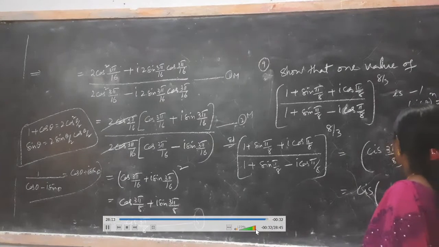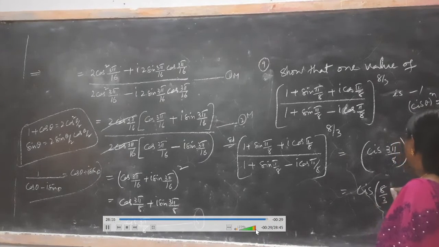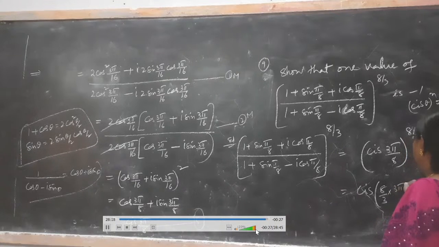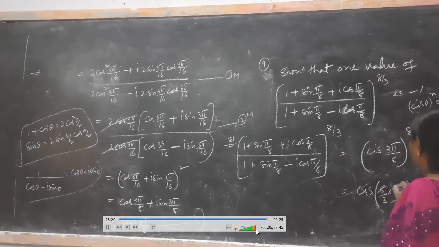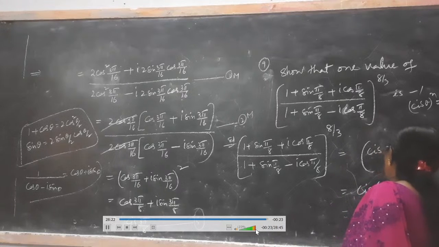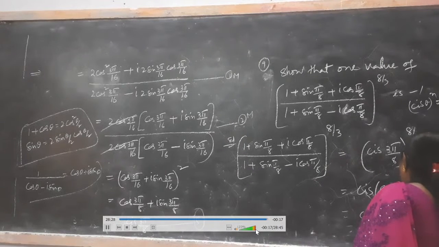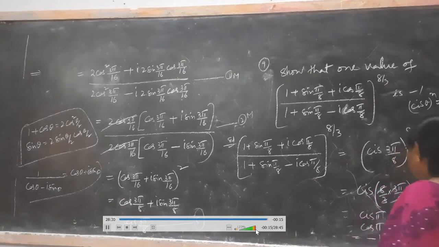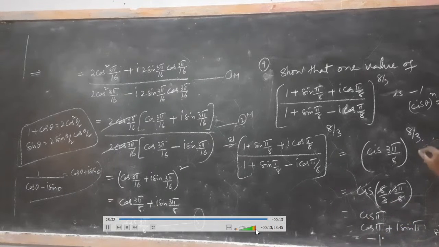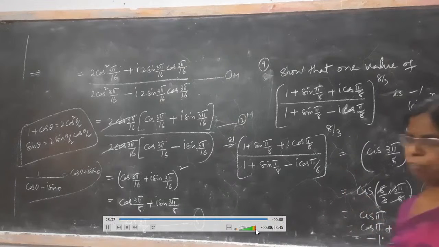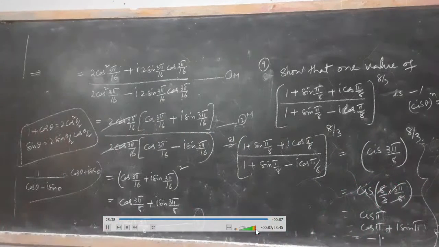So n theta is 8/3 into 3 pi by 8. Cancel, what we get? Cis pi, which means cos pi plus I sin pi. Cos pi is minus 1. So for this step we got another 2 marks. So totally we got 7 marks. So this is the problem.